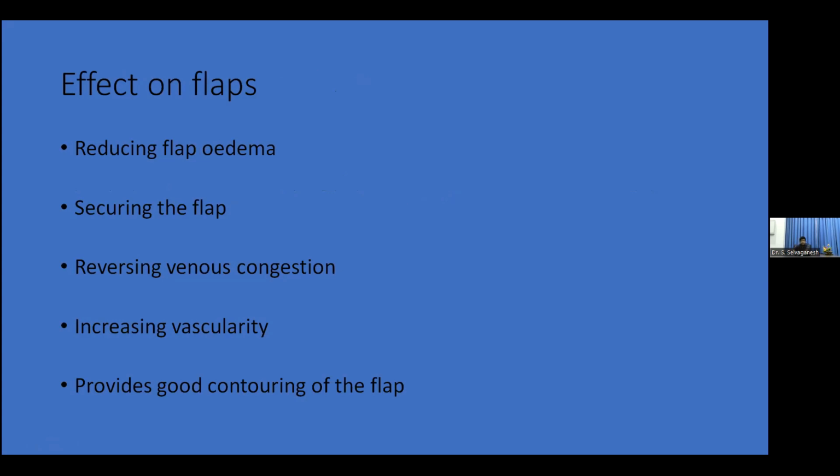As for the effect on flaps, once we do flaps like muscle flaps or skin flaps, we can apply a vac dressing onto the flap, and it will reduce the flap edema, secure the flap and keep it in place, help in avoiding venous congestion, and increase the vascularity to the wound surface.